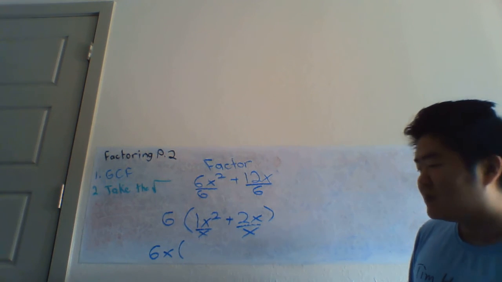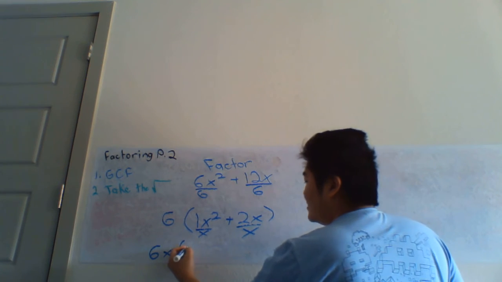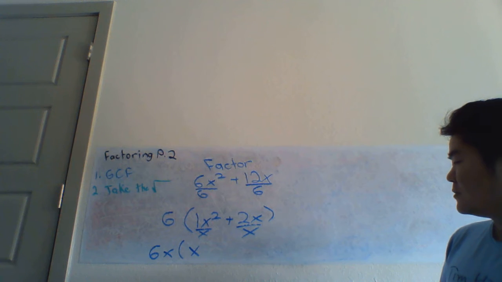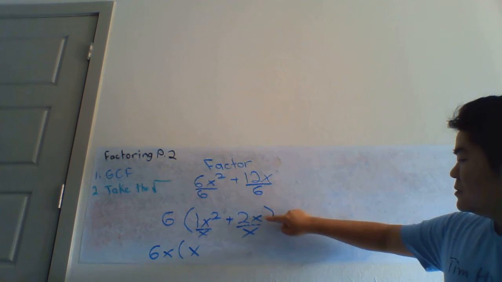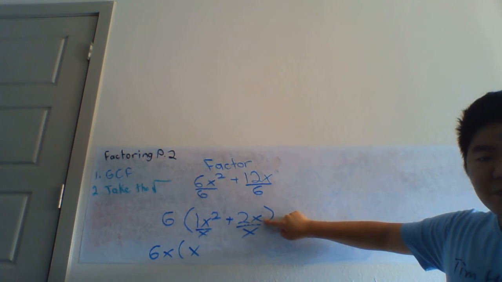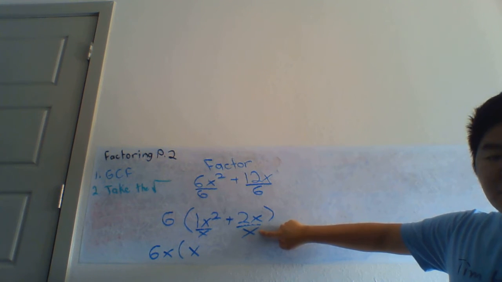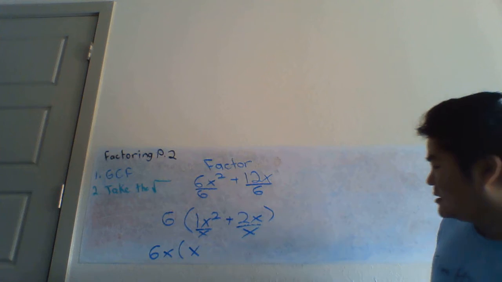Remember those laws of exponents from a while ago? So in that case, I just have x on the first one. Here, on the second term, I have 1x and I'm dividing by 1x.